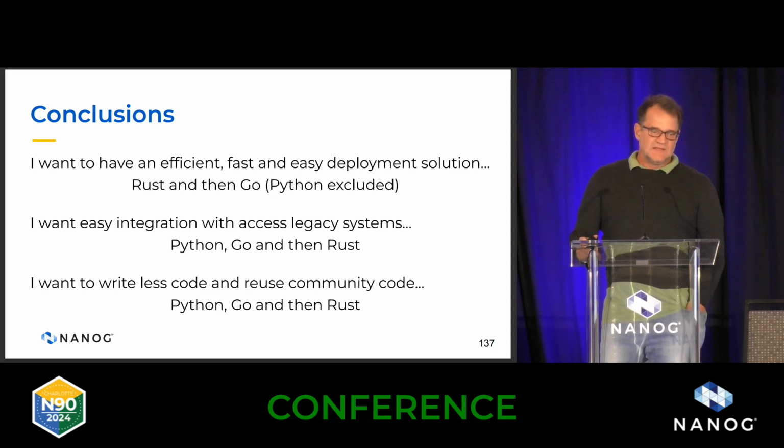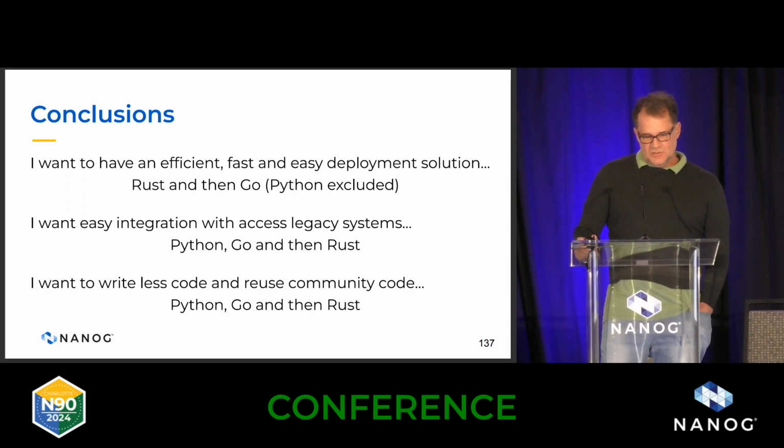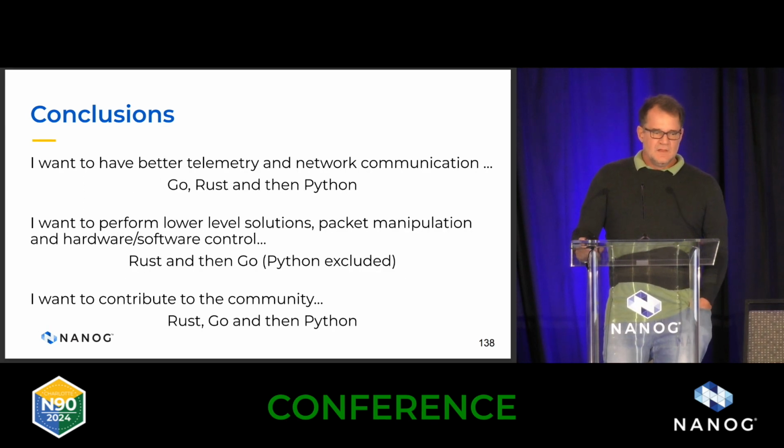If you want to write less code and use community code, Python is the winner as well because it has much more than Go and Rust. If you want better telemetry and network communication, again I would choose Go because it has better integration with gRPC and also a more performant HTTP implementation at the moment.